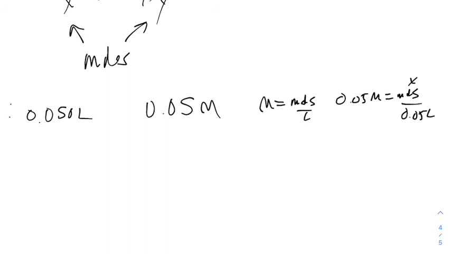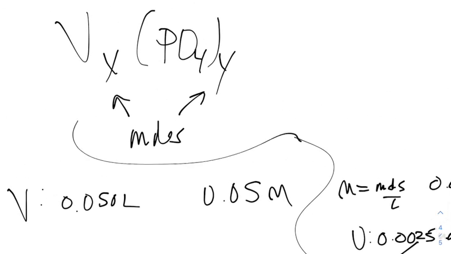So I have 0.05 and 0.05, that's 0.0025. So as far as the vanadium is concerned, I have 0.0025 moles. I can take that number and shoot it right up here, because I now know the moles of the vanadium. So 0.0025.